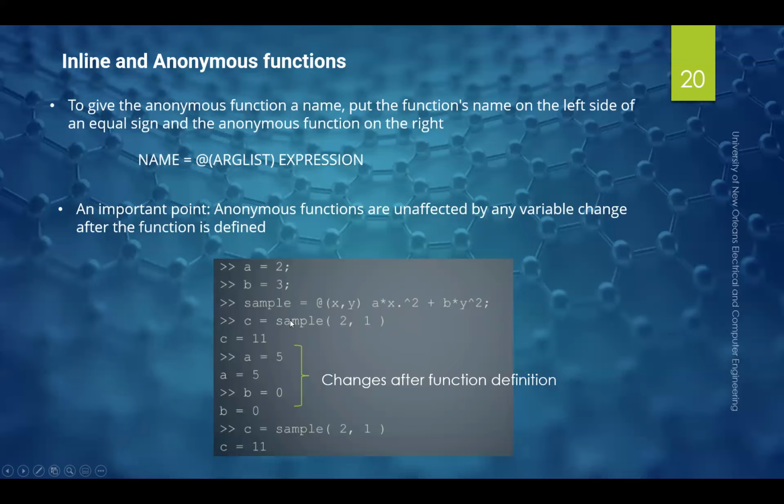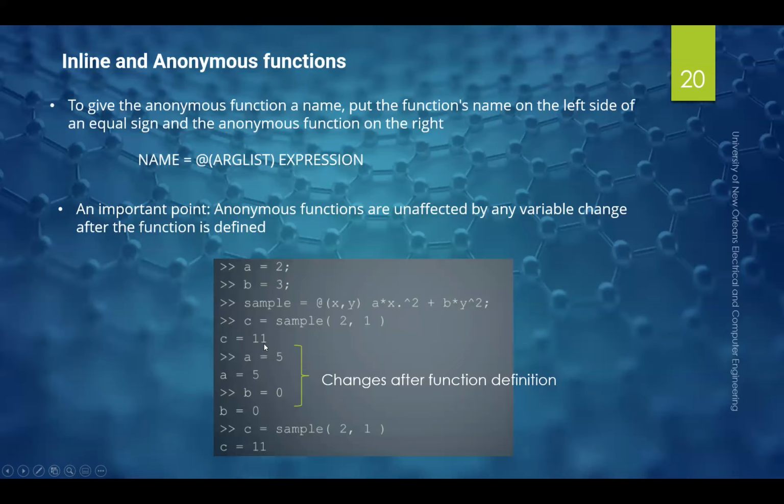So when we call this sample function, it's going to evaluate ax squared plus by squared, where a has already been defined as 2, b has already been defined as 3, but it's going to evaluate that function at 2 and at 1.